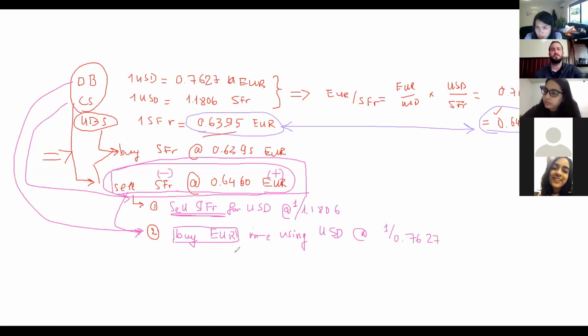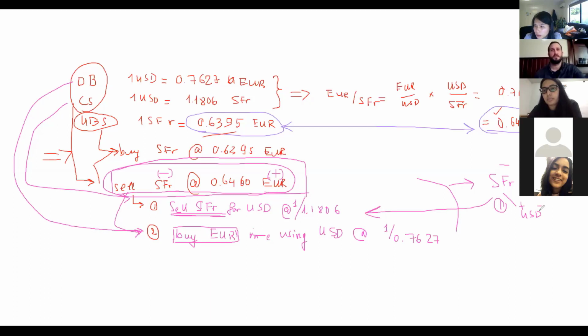So essentially, let me explain this again. In this transaction, I want to be selling the franc and acquiring the euro. Okay. So this is what I want, and I'm going to set this up through the USD. So if I want to sell the franc, I'm going to be selling the franc to acquire the USD in the first step, which is what I do here.